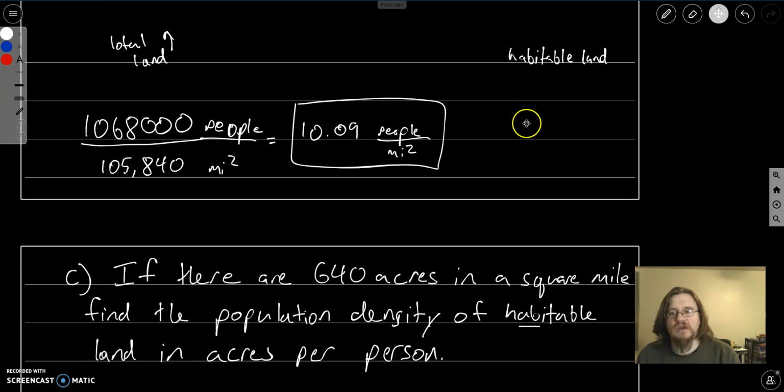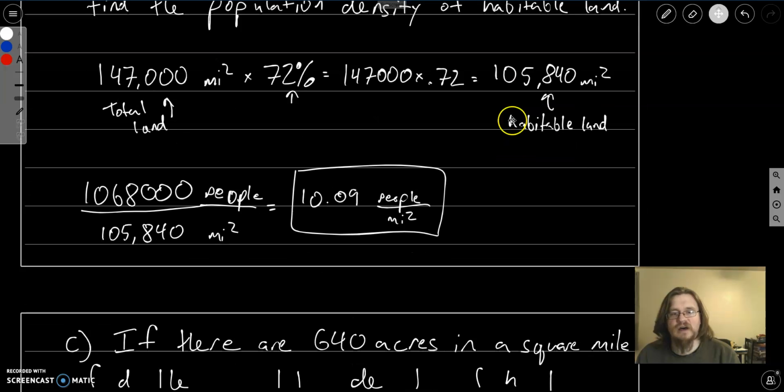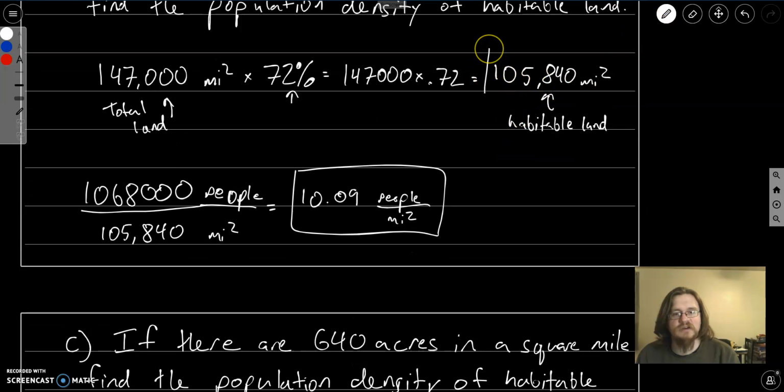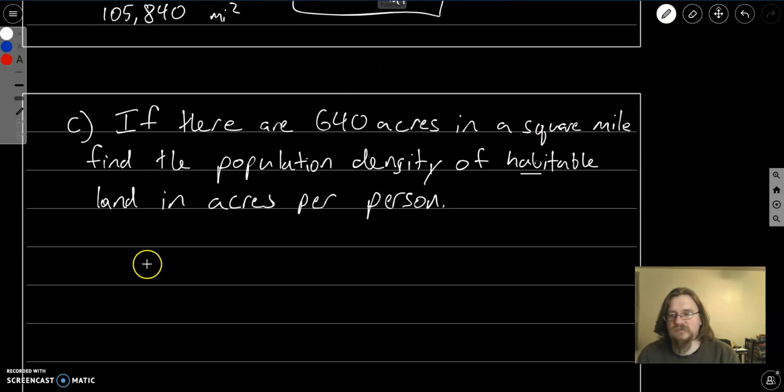So we know that in a previous part, this was the amount of habitable land, but it's in square miles. That's a little bit frustrating. So we have 105,840 square miles, and I want to turn square miles into acres.